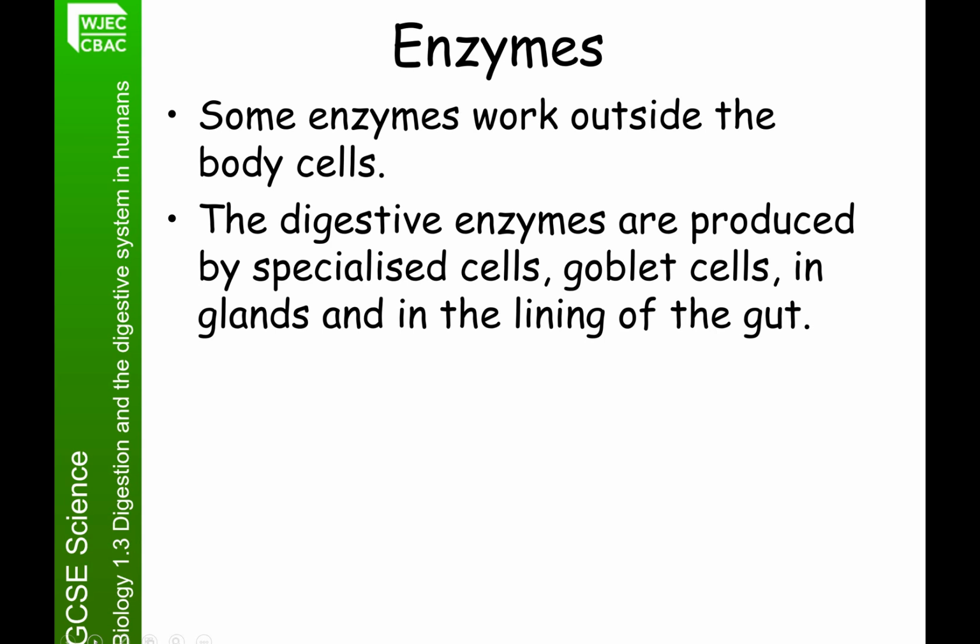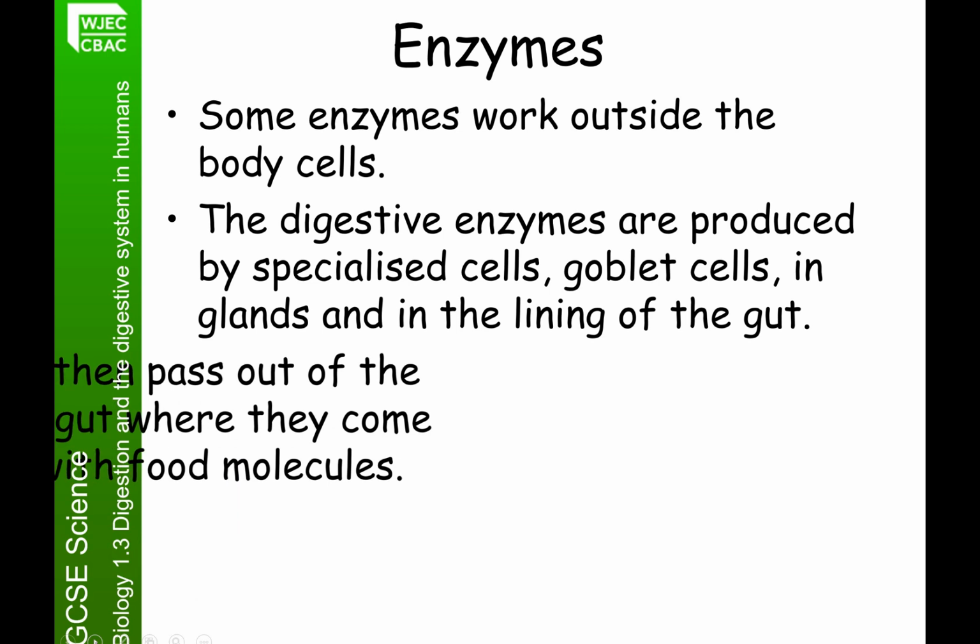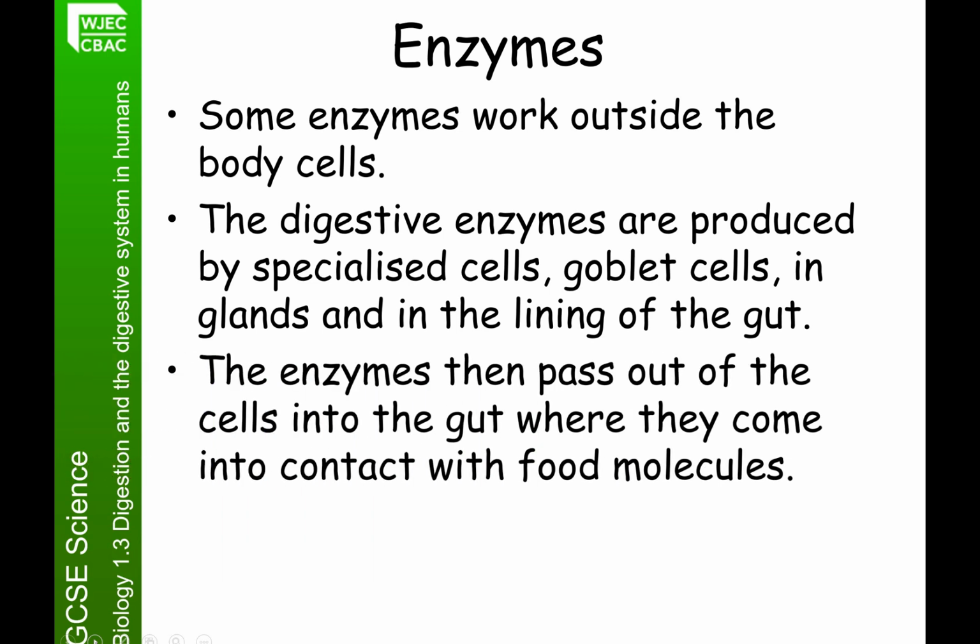So the digestive enzymes are produced by specialized cells in different areas within the body and in the lining of your gut, and those would then be released into the gut. So they pass out of the cells into your digestive system, where they can then come into contact with the food molecules.